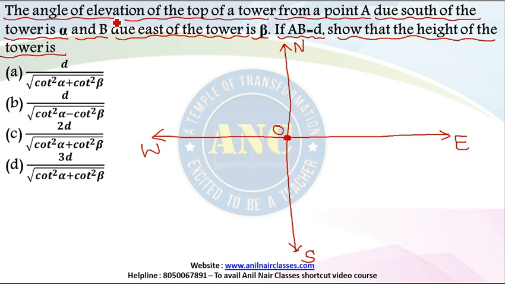Now the angle of elevation of the top of a tower from a point A due south of the tower is alpha. That means, suppose for example, wherever I am standing at origin O, I will keep one tower. Now for your information, this is a 3D representation.